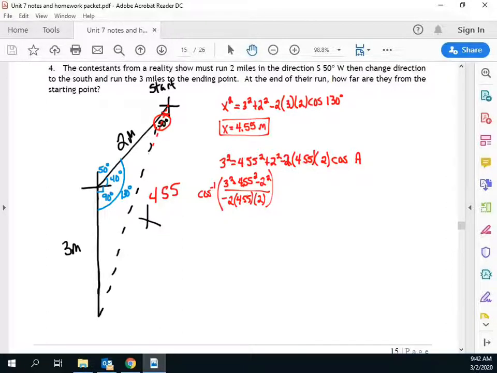Let's see what that is. 3 squared minus 4.55 squared minus 2 squared, over negative 2 times 4.55 times 2.